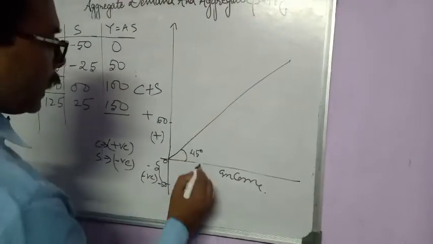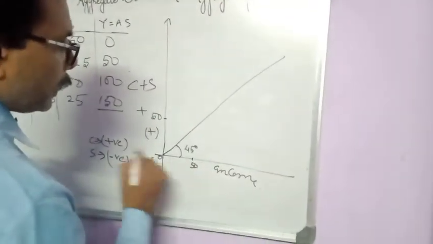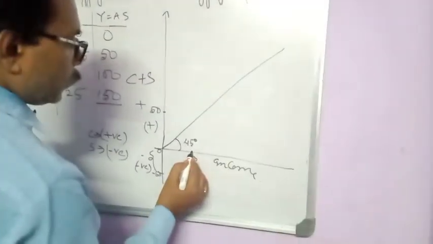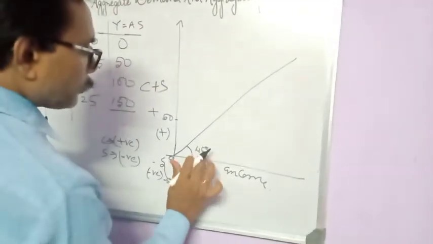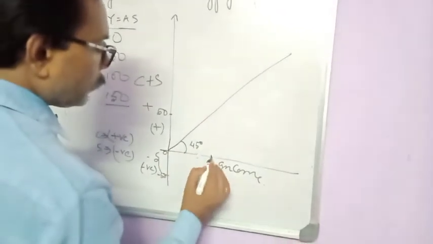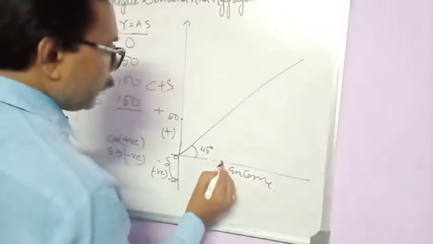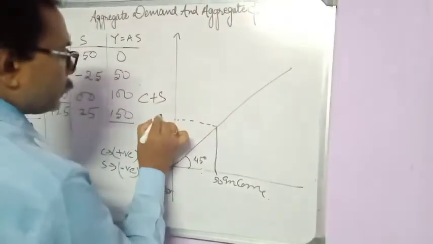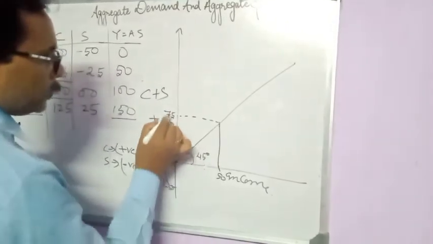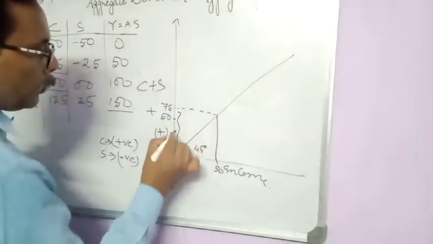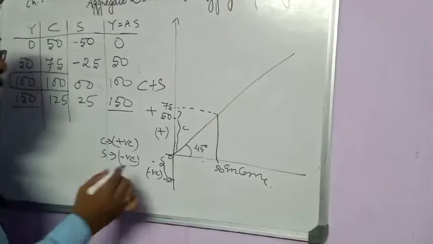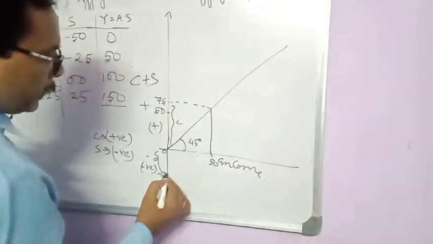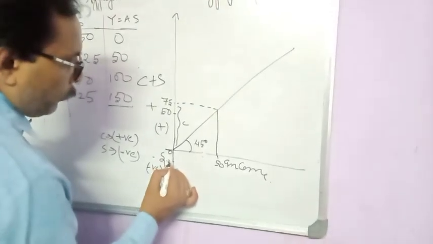First, when the income is 50, clear, and the consumption is 75, okay, so let this be your 75 and this is your positive value, that is the C. But here your saving is minus 25, so this is the minus 50, so this is the minus 25.